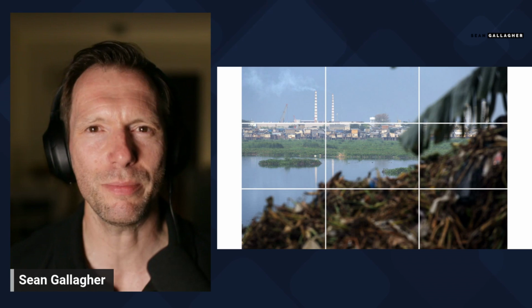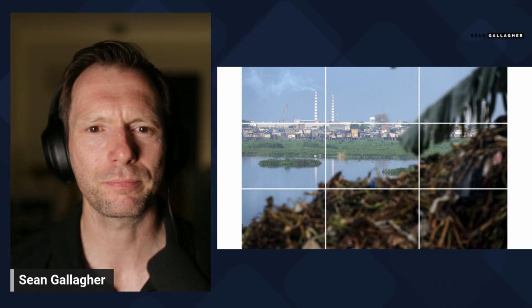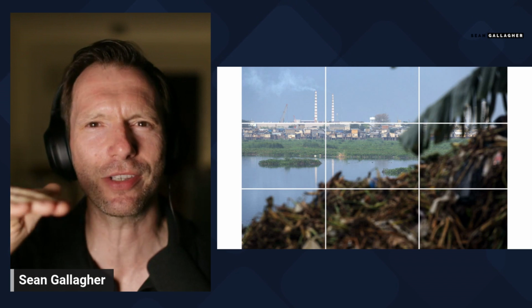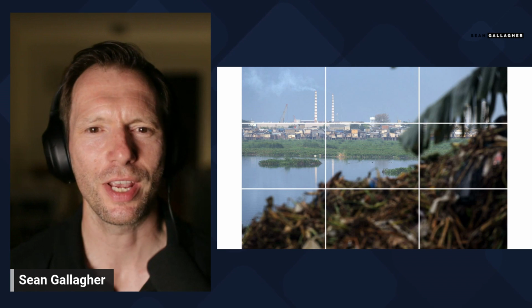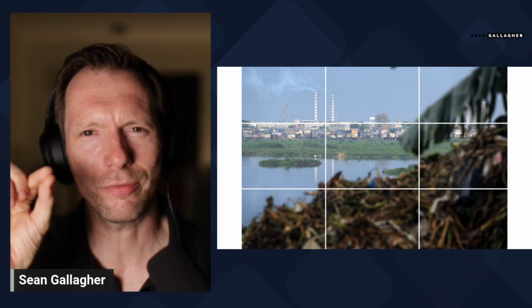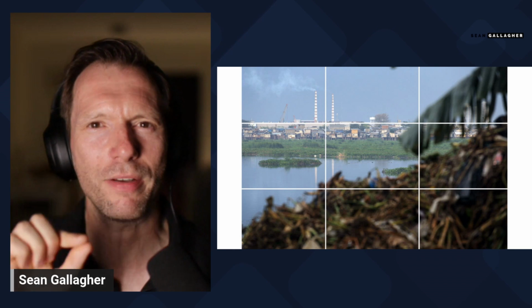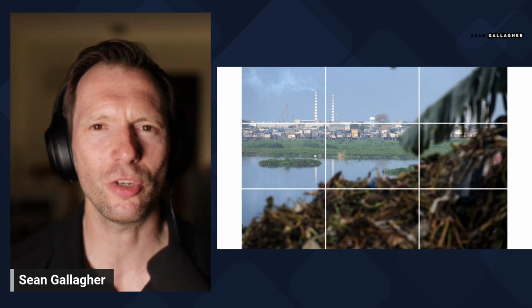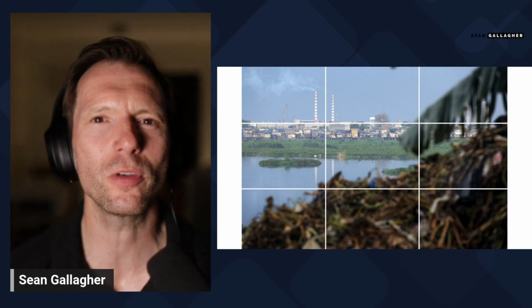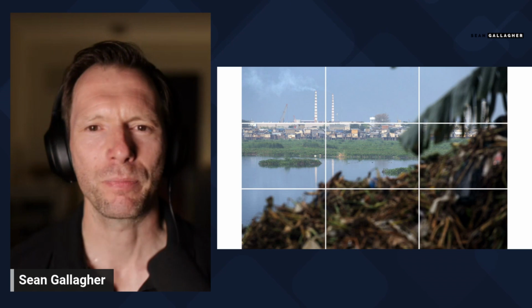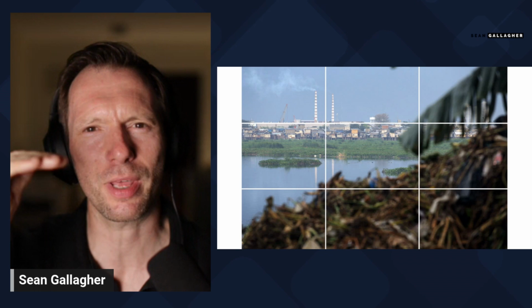So you can see in this image, I use the top line as kind of the horizon line for this image. And I also kind of just subtly use the top left intersection to just draw your attention to those smokestacks as well. But initially I was thinking where to put that horizon.